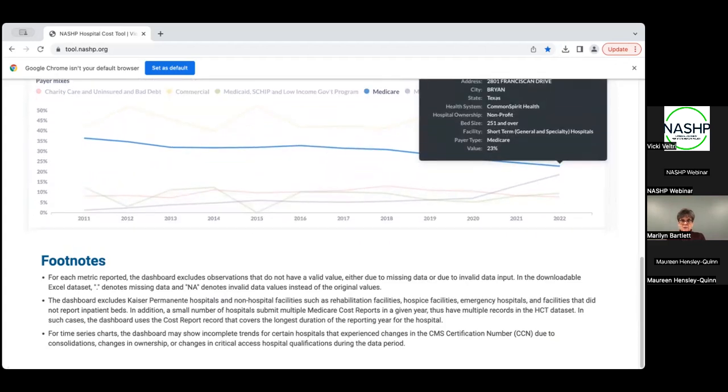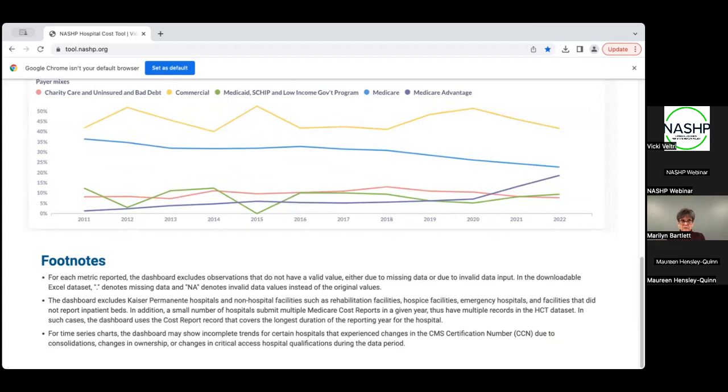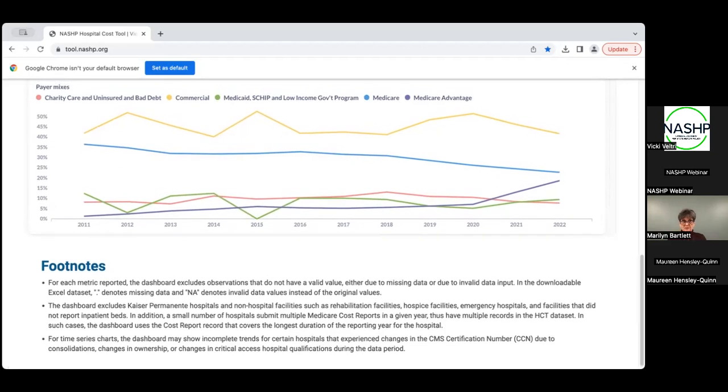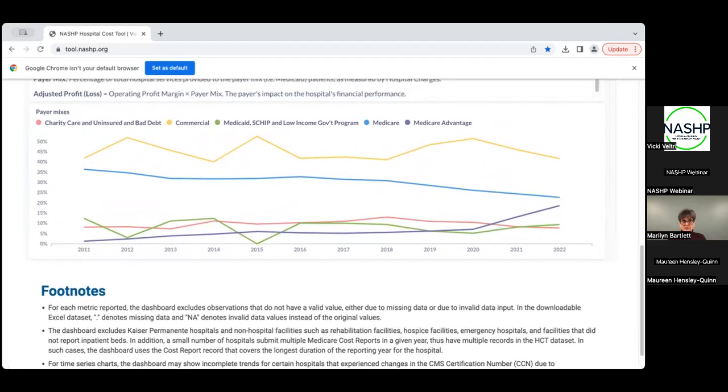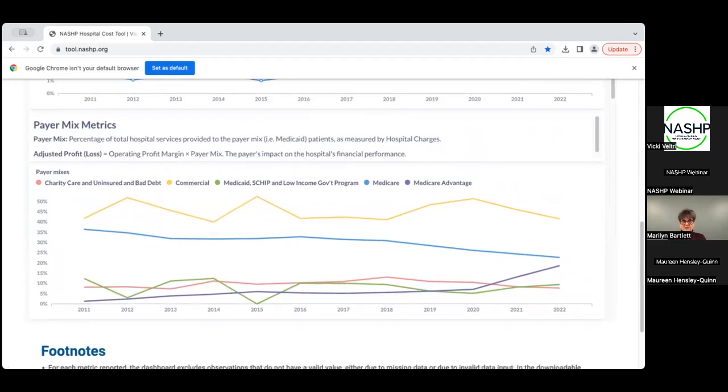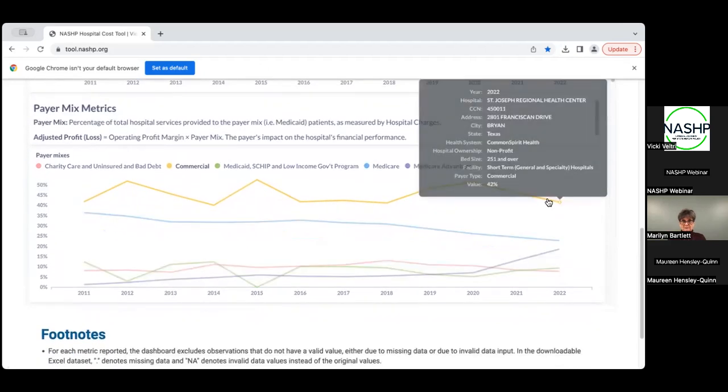So we want to know the payer metrics. We take a look at the payer mix. Now, this is the volume of services, basically the charge master for rates for the services. So on the payer mix, we see that commercial, 42% of their payer mix is commercial.